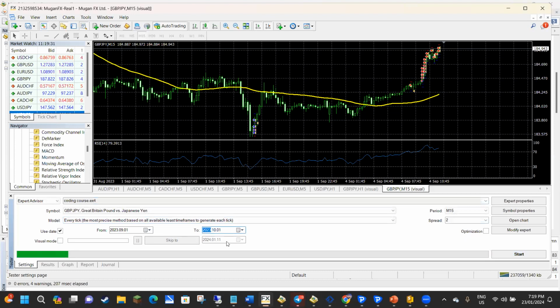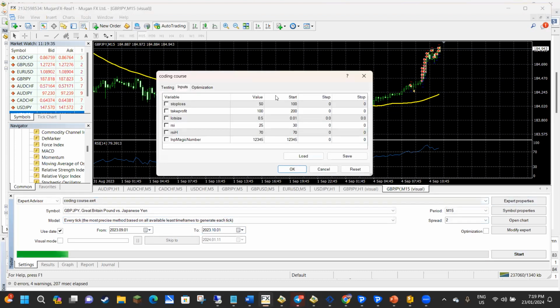So we're just back testing 1 month. And I will just change these stop losses to 300 and a take profit of just 1-to-1 risk to reward there for the moment.